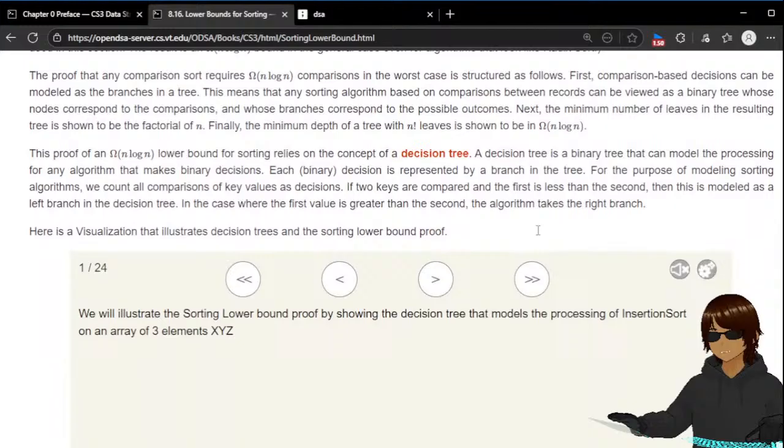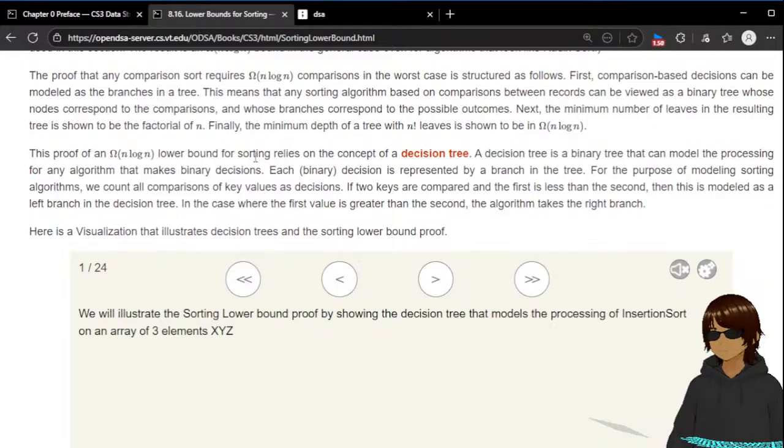omega n log n. The proof of an omega n log n lower bound for sorting relies on the concept of a decision tree. A decision tree is a binary tree that can model the processing for any algorithm that makes binary decisions. Each binary decision is represented by a branch in the tree.